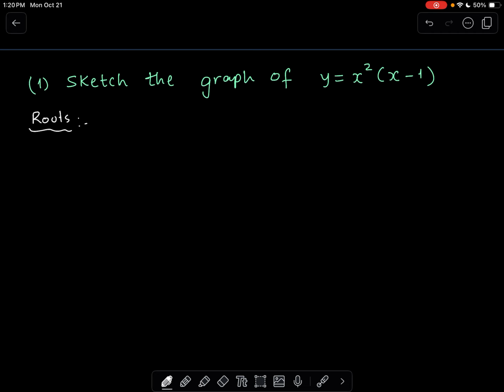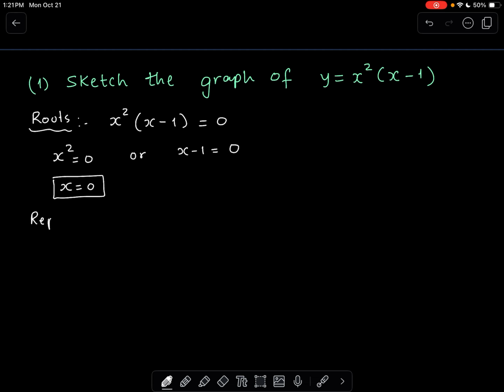To find the roots, as usual, you set y equal to 0. So we're going to have x squared times x minus 1 equal to 0. That means x squared is equal to 0 or x minus 1 is equal to 0. When x squared is 0, we're going to get x equal to 0.